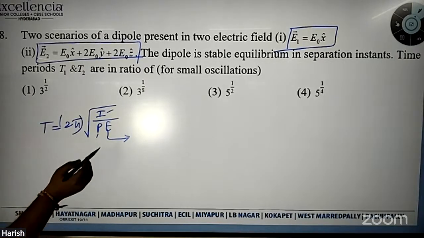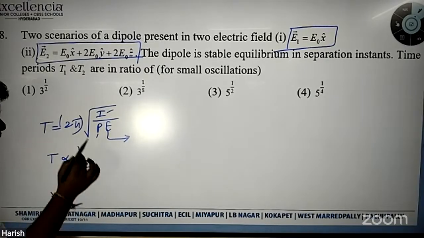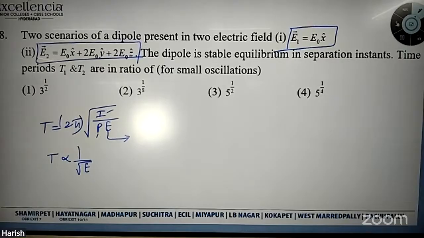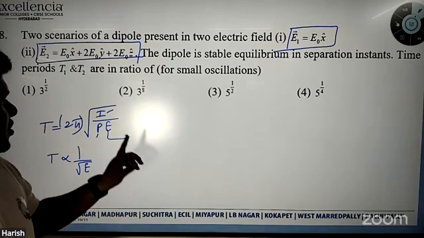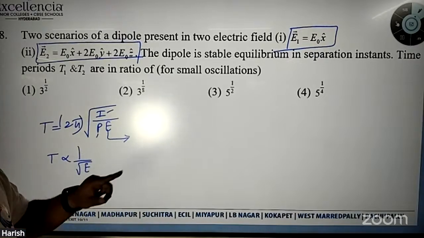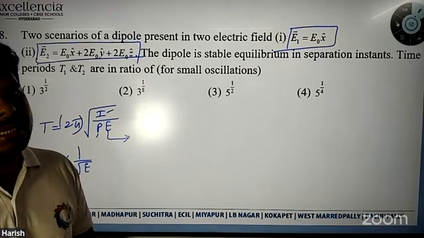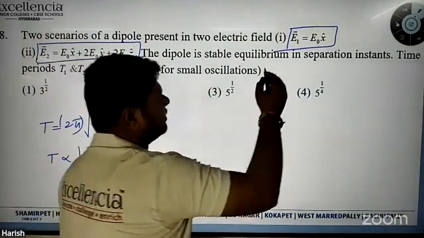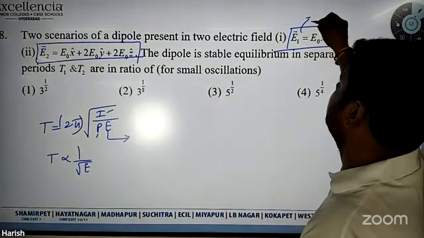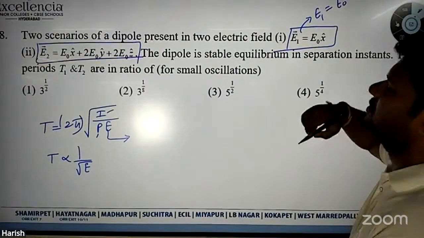From proportional relations, I can say T is inversely proportional to root E, because the same electric dipole was kept in two electric fields, so I and P will be the same, where E is the electric field magnitude. Then you can find the magnitudes. The magnitude of E1 is directly E naught.